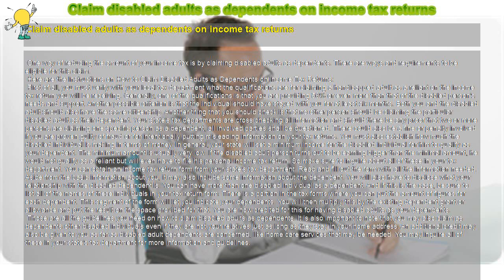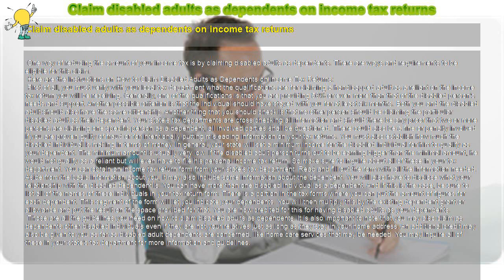You will then multiply this by the existing dependent grant or allowance and put the result in the space provided for that. You are now credited for having disabled adults as your dependents. Those are all the guidelines you need on how to claim disabled adults as dependents.